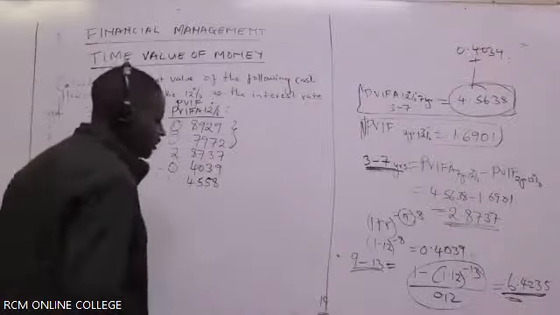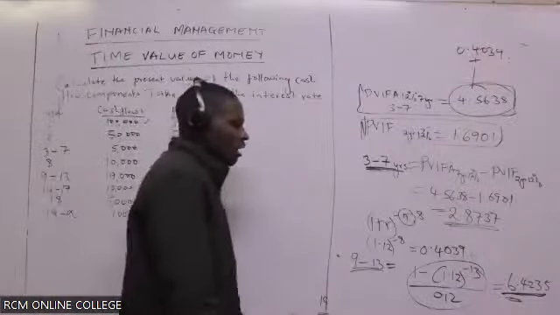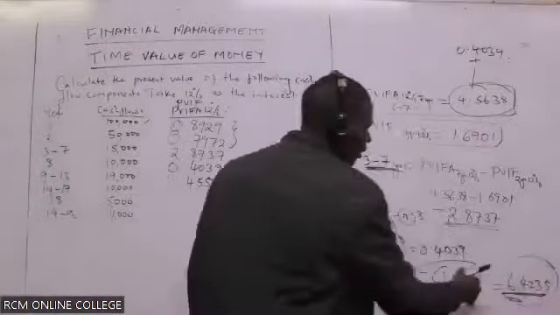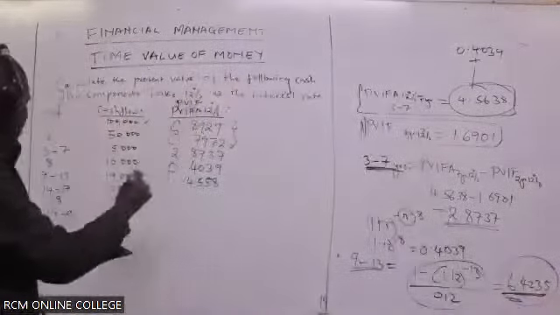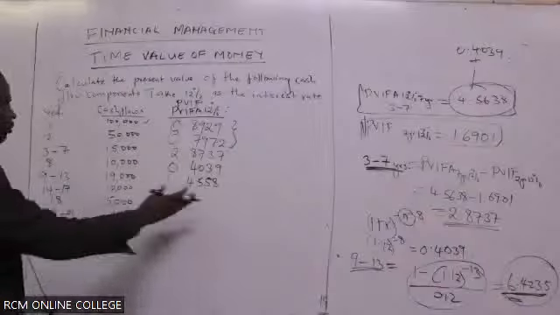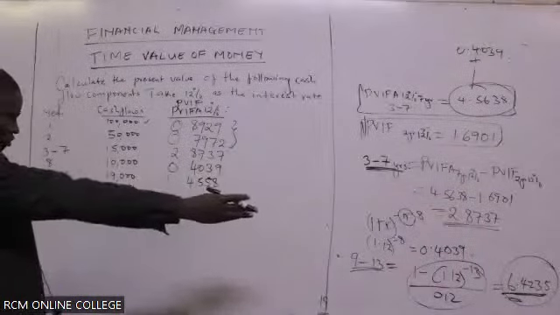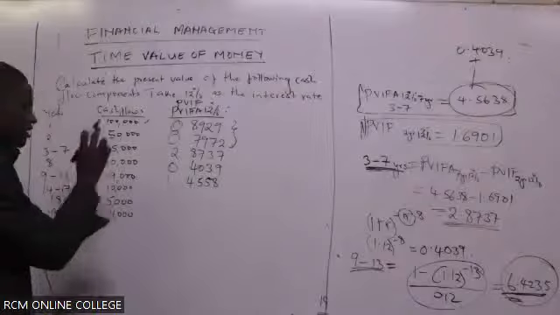14 to 17. Still we are having a range here. Since this is for 13, this is what I will subtract. So I will subtract that 6.4235.